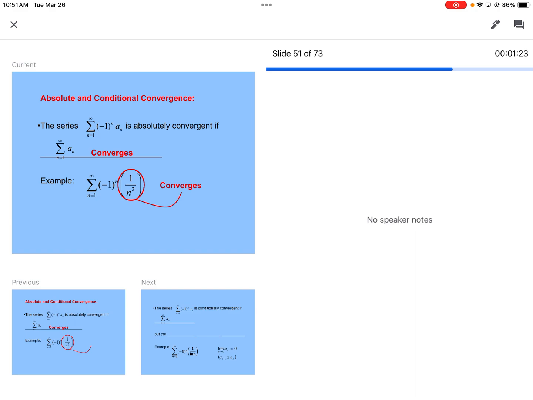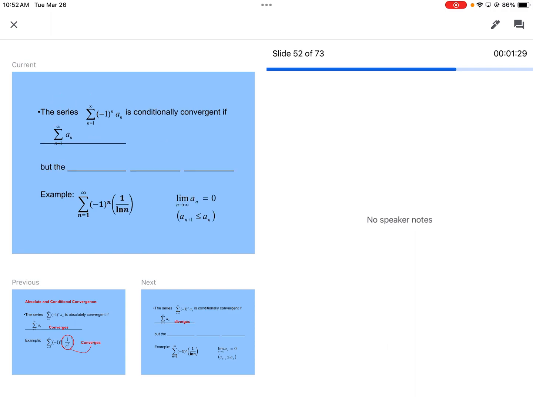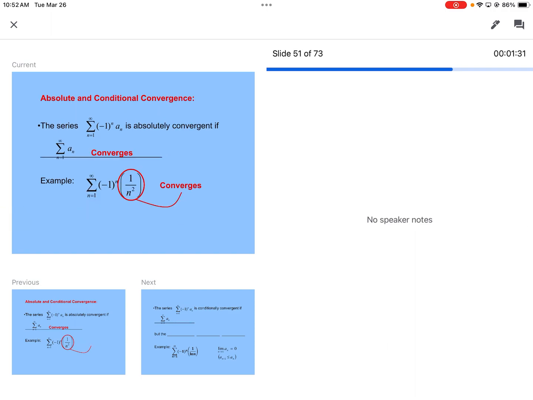And this is something that you can actually state. So because 1 over n squared converges, then your other one would converge. So we would call this absolutely convergent. Yes? Do you use the word absolutely convergent in notation? Yes. You would say because 1 over n squared converges, this series converges, or it is absolutely convergent.